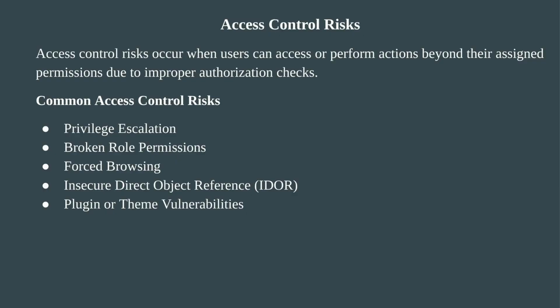Attackers may also exploit forced browsing, where they directly access restricted URLs. Vulnerabilities such as insecure direct object reference, or IDOR, can expose sensitive data if proper authorization checks are missing.